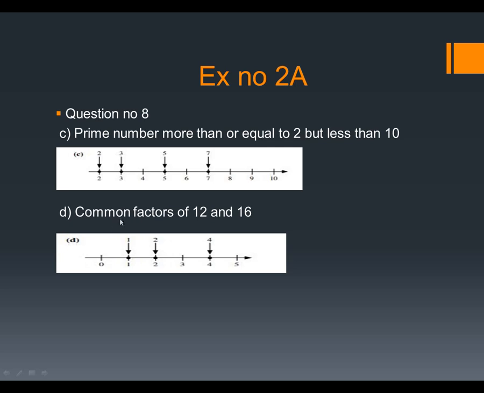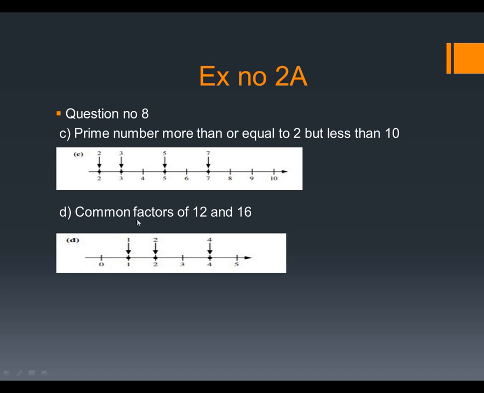The last part is common factors of 12 and 16. So we have to write the common factors. The factors are only those numbers by which the given number is divisible. So you can see that 12 is divisible by 1, 2, 3, 4, 6, and 12. Then we have to find the factors of 16. So 16 is divisible by 1, 2, 4, 8, and 16.